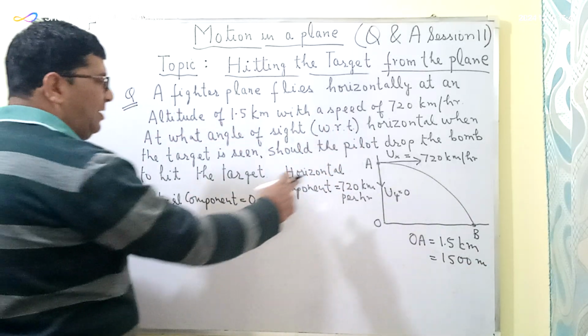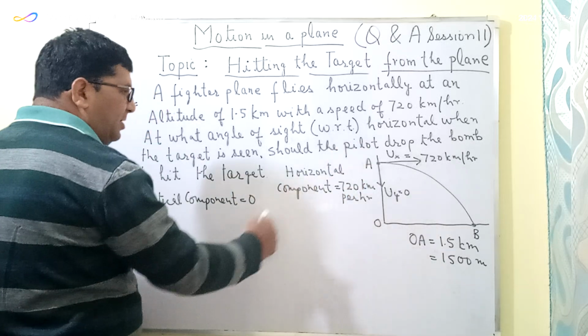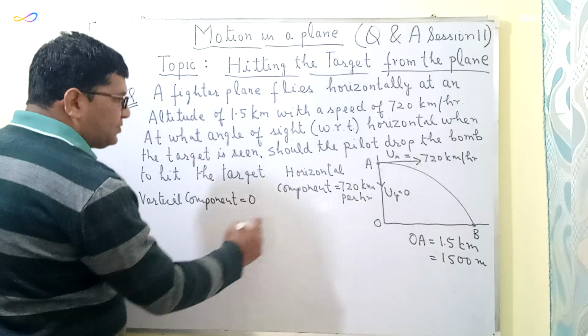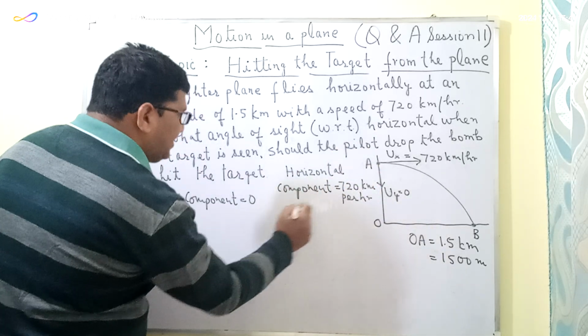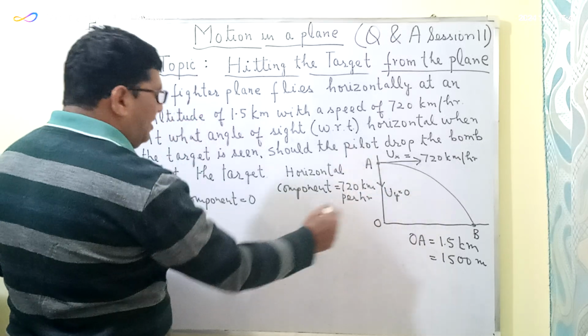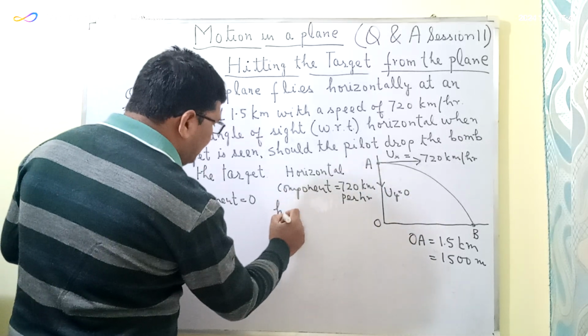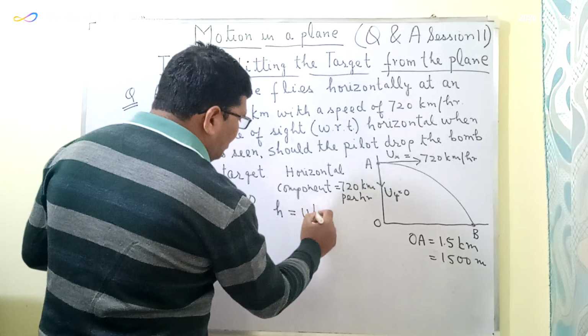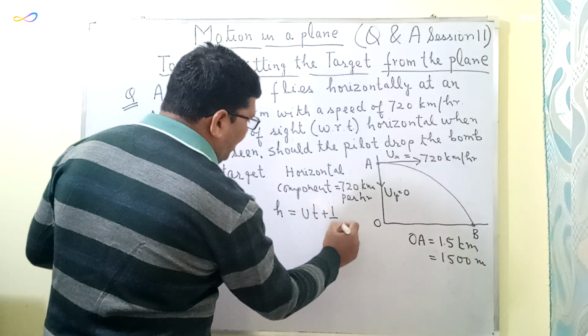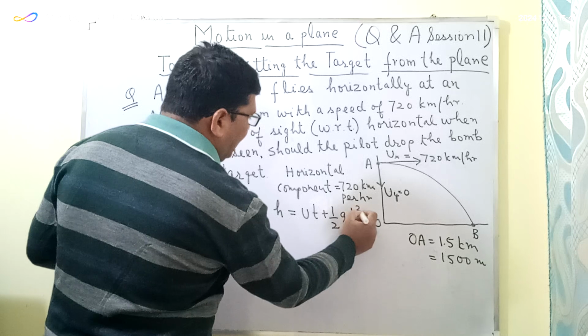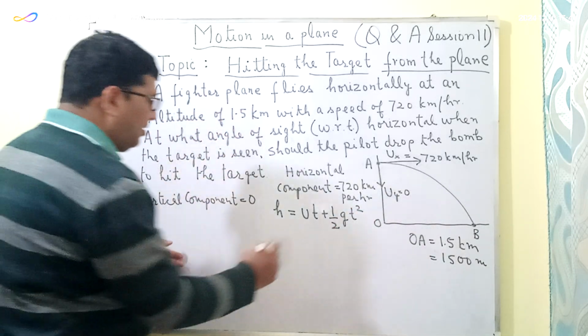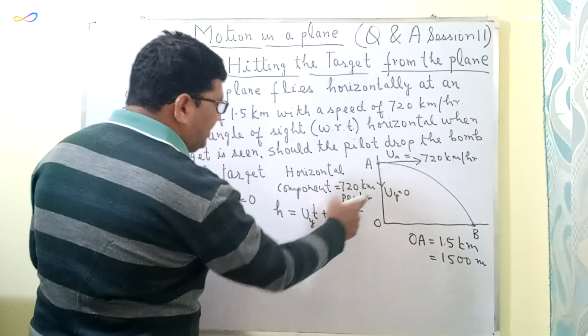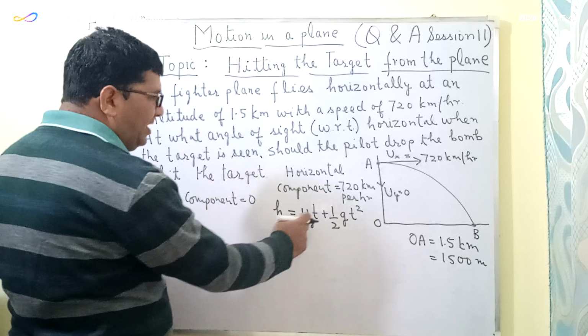So when this bomb is dropped, the vertical component is 0. So let us say this altitude h will be equal to ut plus half gt square. Now in the vertical direction, the velocity has been taken as uy. So uy is equal to 0.